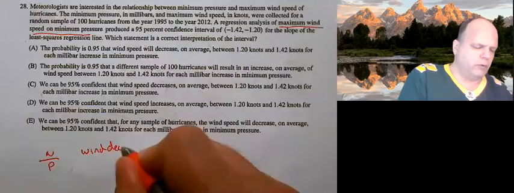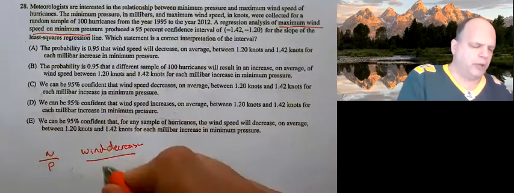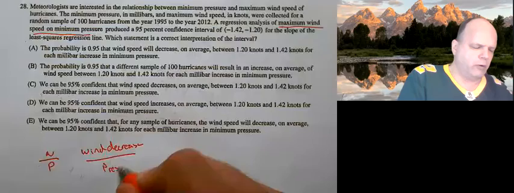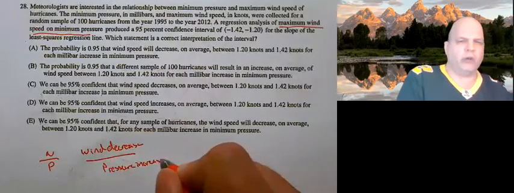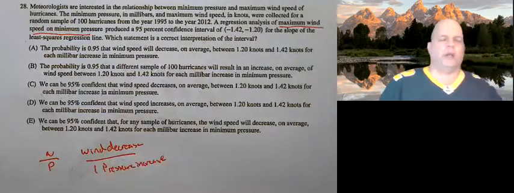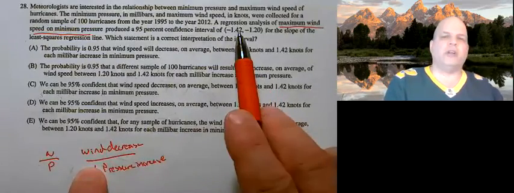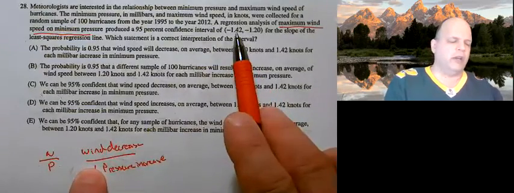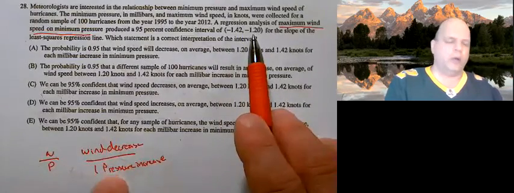decreases for pressure increase. And usually this is going to be 1. So we're saying, all right, and the reason I know it's decreasing is because this is negative. So it's negative 1.42 over 1 to negative 1.2 over 1.